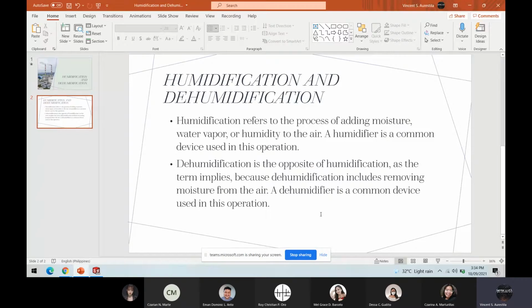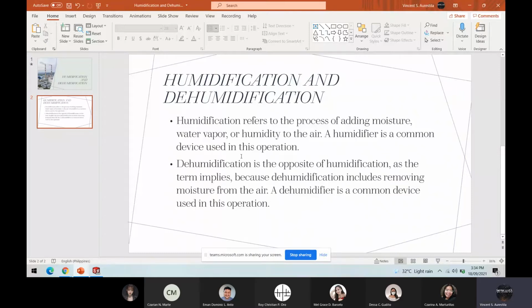So in a psychrometric context, humidification refers to an increase in the specific humidity without the change in the dry-bulb temperature, while the dehumidification is the decrease of the specific humidity without the change of the dry-bulb temperature.